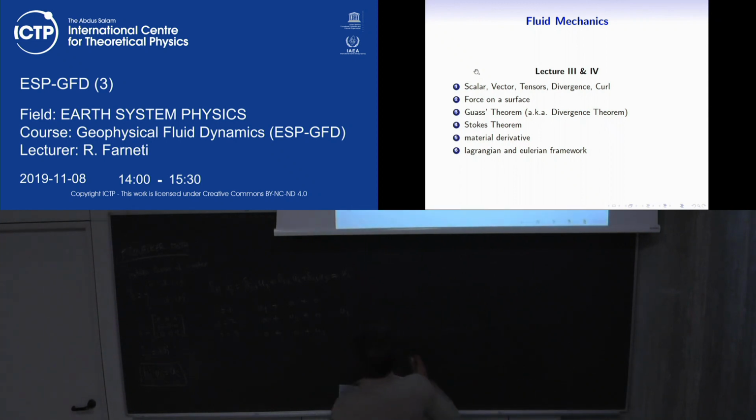Then there's another useful tensor which is called the alternating tensor, also called the Levi-Civita symbol.